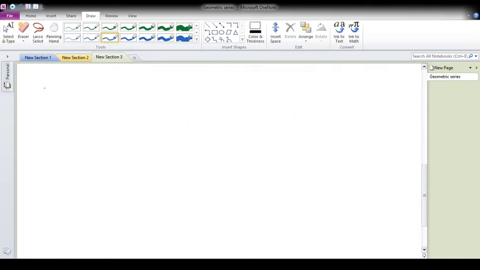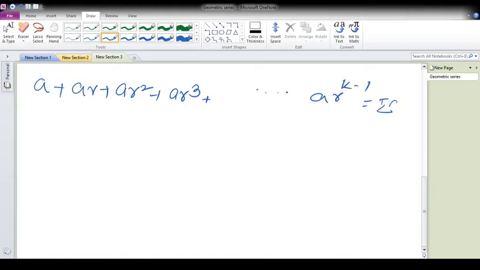So this series can be written as a + ar + ar² + ar³ + etc. + ar^(k-1). Generally it can be written as the summation of ar^(k-1), k equal to 1 to infinity.